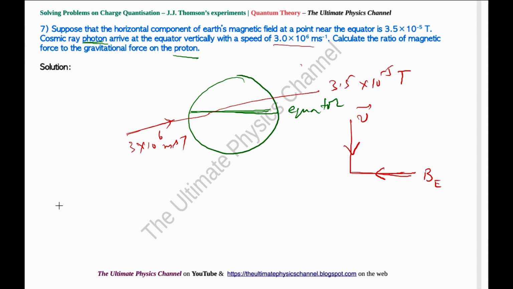So we can first directly calculate the gravitational force. At the equator, we can take the acceleration due to gravity on any mass as 9.8 meters per second squared. So we can calculate the gravitational force on the proton.